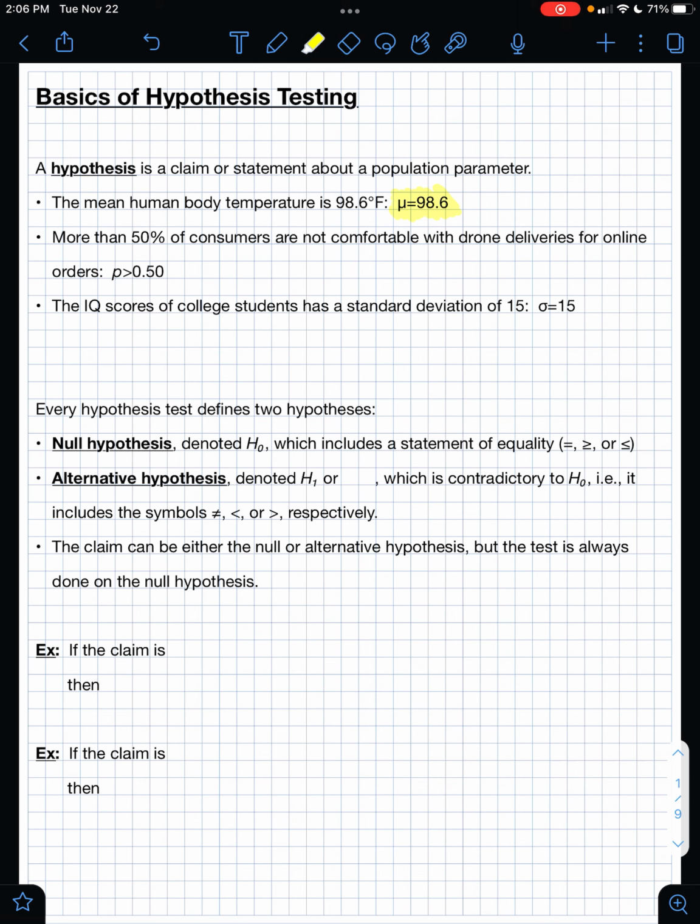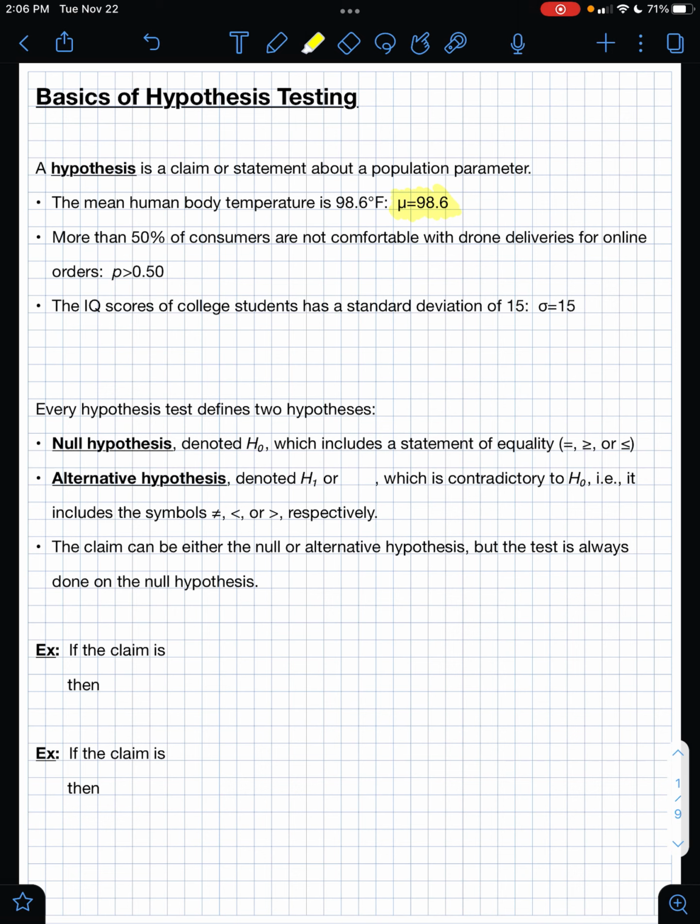This is a statement about the population that we don't actually know to be true. It's something that you might consider to be common knowledge, but it's something that you might have always heard, but have you ever actually seen information to support that? Well, it's a claim. We might wish to test that by going out and collecting sample data.